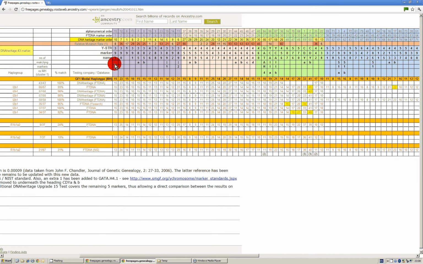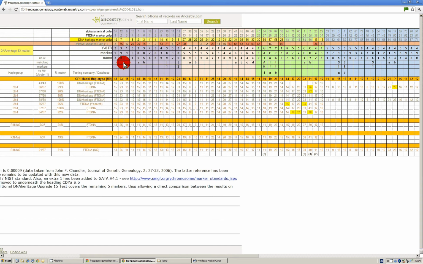The first marker is marker 393, and we'll see that the value for that marker is 15 for all members in genetic family 1, and then it's 13, 13, and 13 for members in genetic family 2, genetic family 3, and the non-Spearin males respectively.